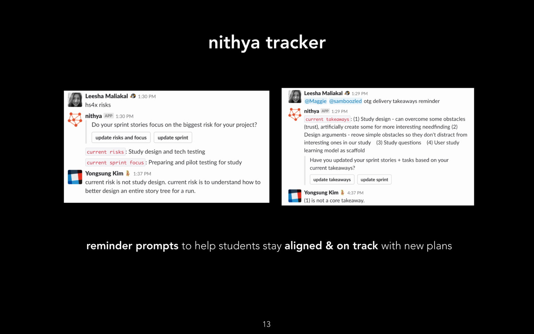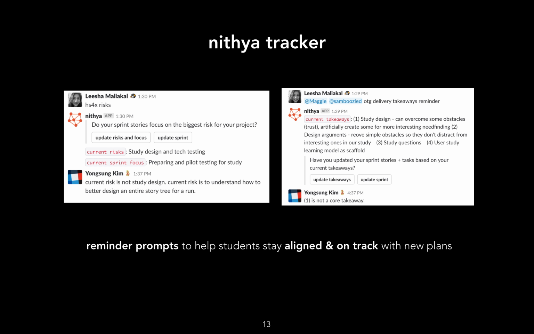And these are just some example interactions of what I was beginning to see over, I think I tested this for two weeks or so. For example, the bot raised the current risks of the project. This was just before a SIG meeting where they were about to plan, okay, given these risks, this is what the focus of our sprint should be.